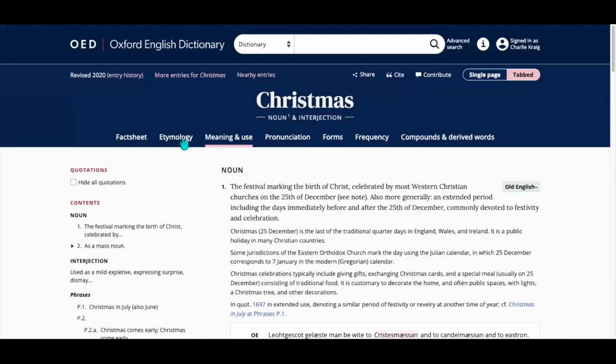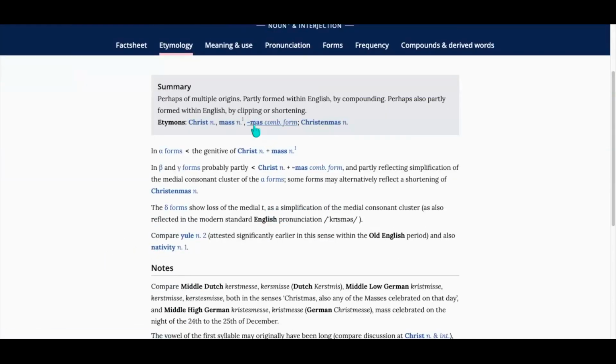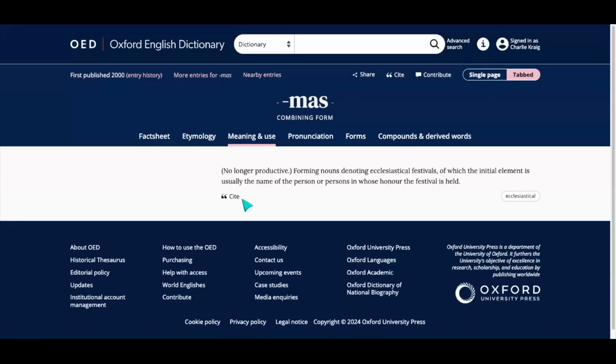Now, if I click over to etymology here, oh, interesting. So they have said the MAS is no longer productive, which means in English spelling, we're not doing this anymore. But there was a time in English spelling where the MAS was a combining form. So it was that MASS with the drop, but it was denoting ecclesiastical festivals.